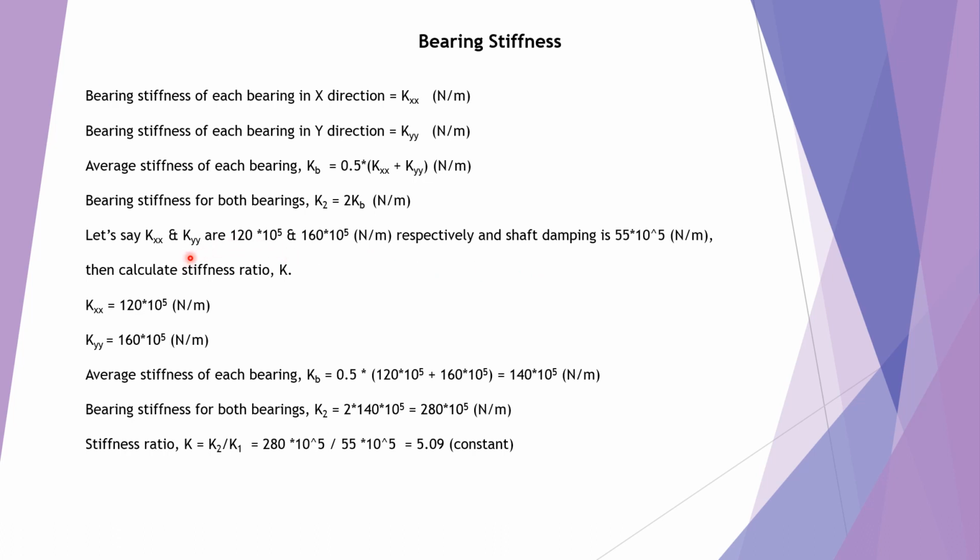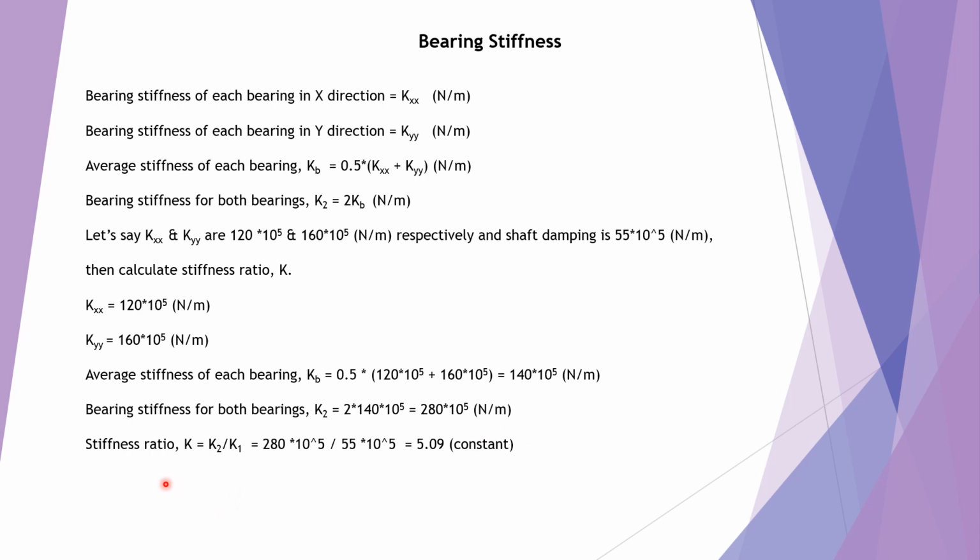This is the kxx value and this is the kyy value. Wrongly, it is written as shaft damping. It is a stiffness. So one stiffness kxx is 120 times 10 power 5. This other one is not required actually; by mistake it is written. Now calculate this stiffness: kxx is 120, kyy is 160, this is the average stiffness, and this is the bearing stiffness.